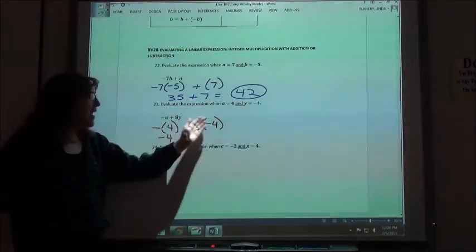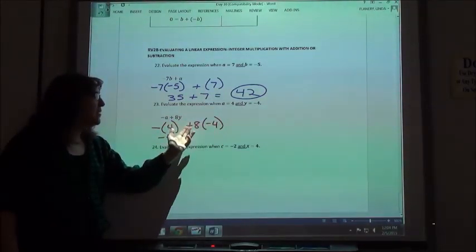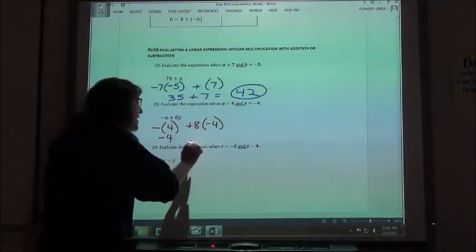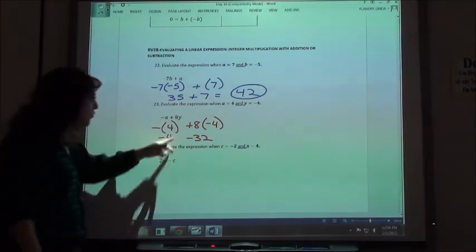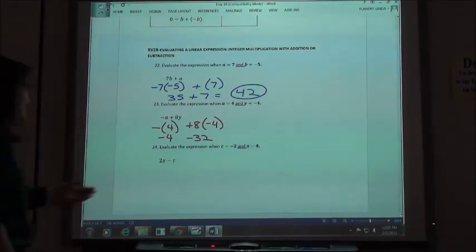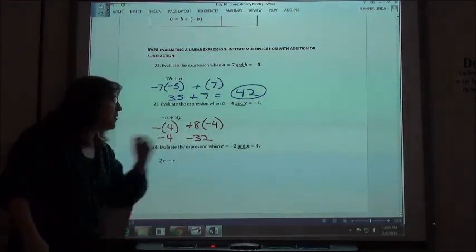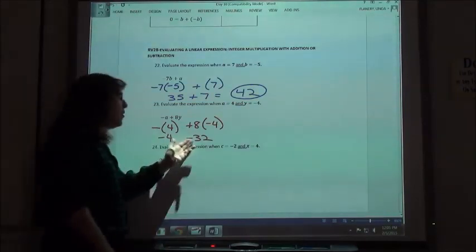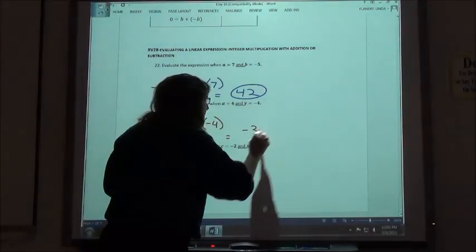Here, again, I'm thinking this is a positive times a negative. A positive times a negative is a -32. I don't really need a plus. I could put plus -32, it's the same thing, but I know that when I add, there's a negative in front of both of those. I need to add and keep the sign. -4 minus 32 is -36.